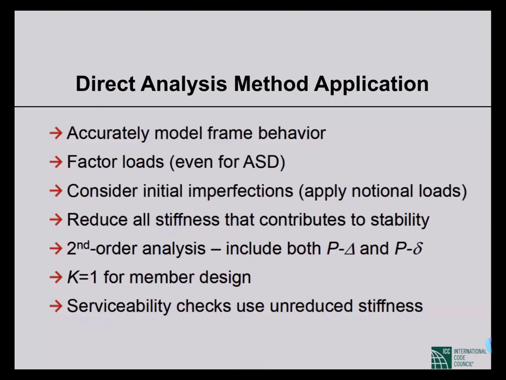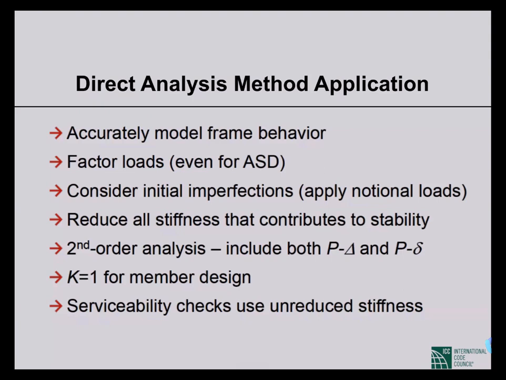But for ASD, since the whole method is based on the ultimate limit state, even for ASD, we have to first multiply the ASD load combinations with 1.6, and after doing all the calculations, we have to divide the results with 1.6.